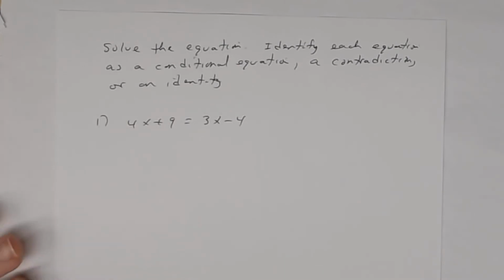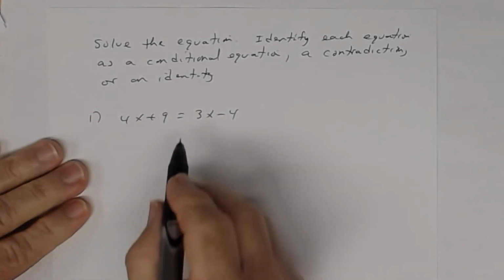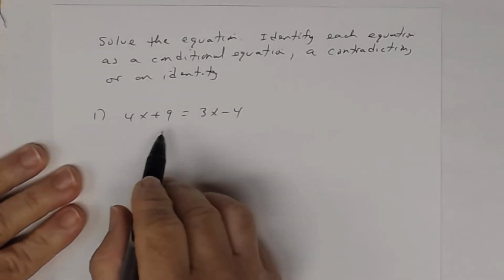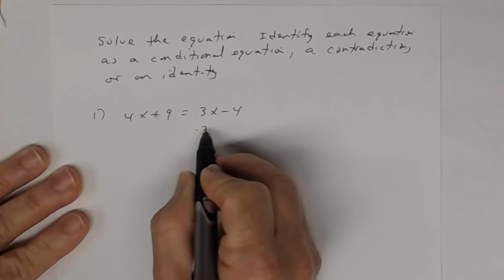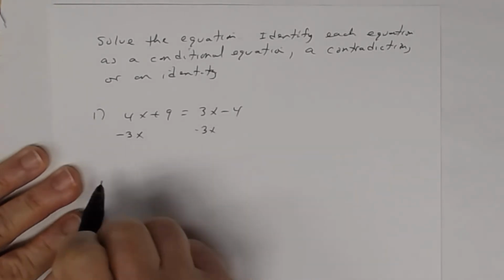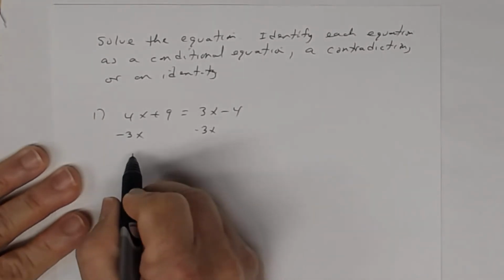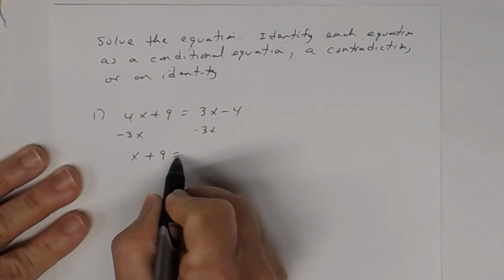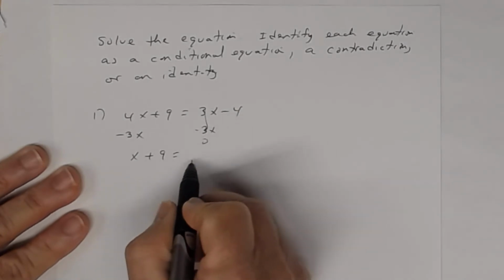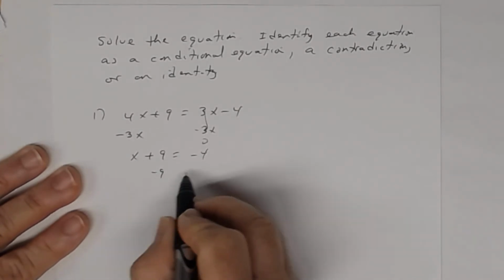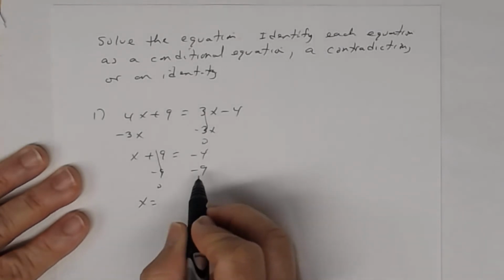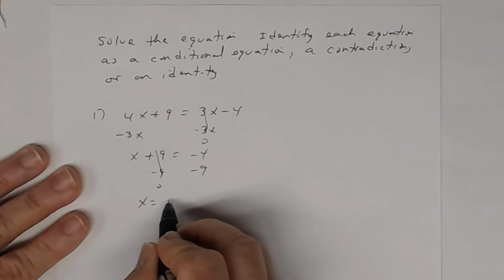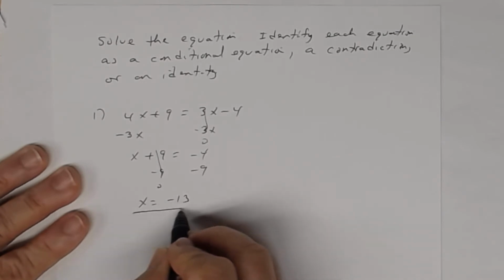So first of all, let's solve this linear equation using the properties of equality. I'm going to subtract 3x from both sides. 4x minus 3x is x, so I get x plus 9 equals negative 4. Subtracting 9 from both sides, we get x equals negative 4 minus 9, which is negative 13. So that's my solution.